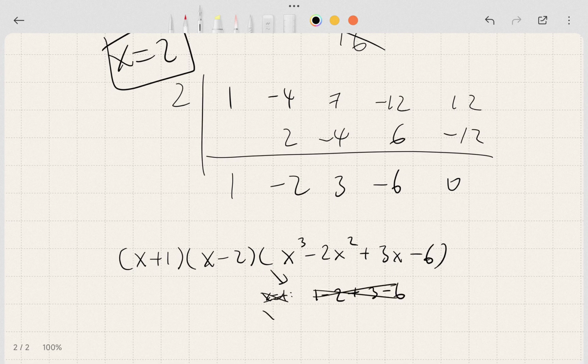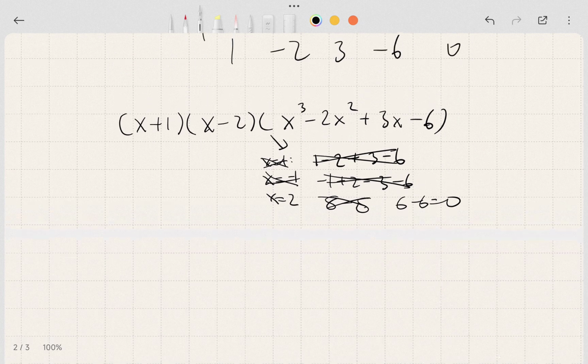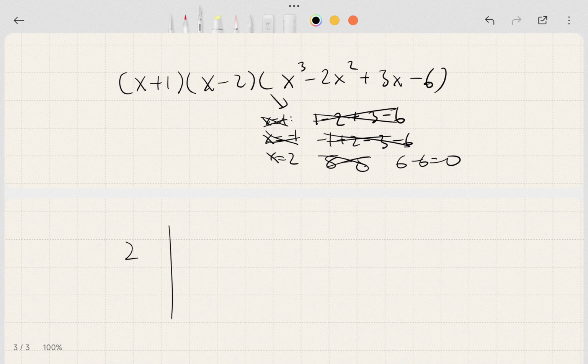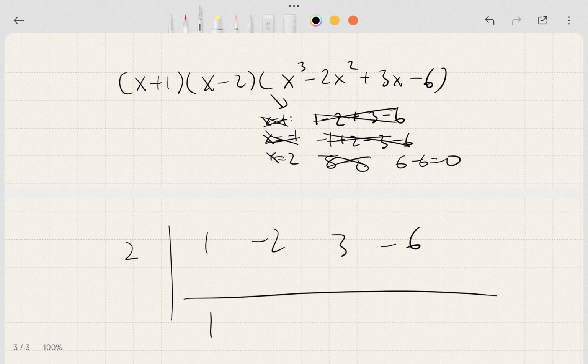Definitely not. X equals minus 1, minus 1 minus 2 minus 3 minus 6. No. X is equal to 2: 8 minus 8 plus 6 minus 6 is 0. So there's a repeated root of x equals 2. So let's apply synthetic division again to this problem.